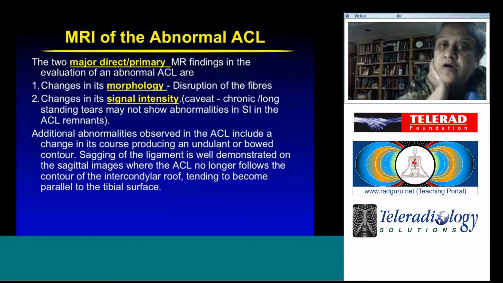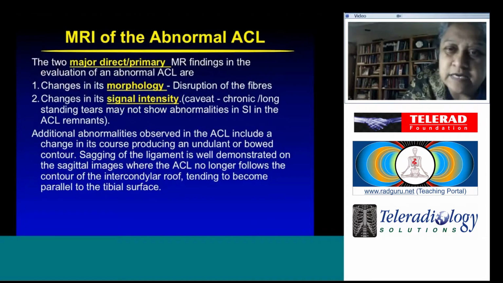If you will recall from the earlier slides, the changes in morphology will show the disruption of the fibers. So when it is nice and taut and forms a beautiful straight line going down to form a 45-degree angle with the tibia, that's normal morphology. When it's undulant or appears relaxed or appears buckled or is actually broken across, there's a change in the morphology.